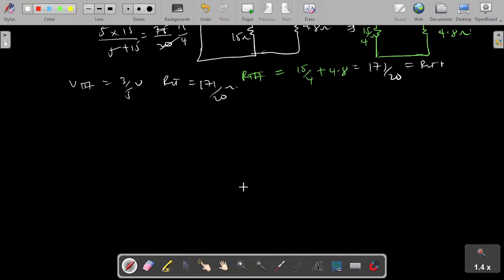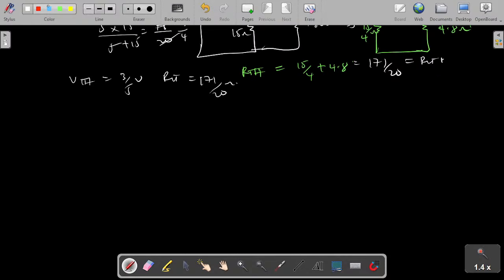Let's draw Thevenin's circuit. Thevenin's circuit says that we have a particular electrical network with our voltage source called Thevenin's voltage in series with our resistance, or Thevenin's resistance. In series with this particular resistor, we want to find the current through.